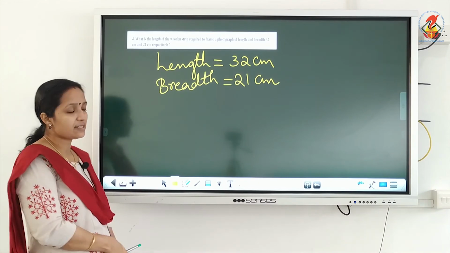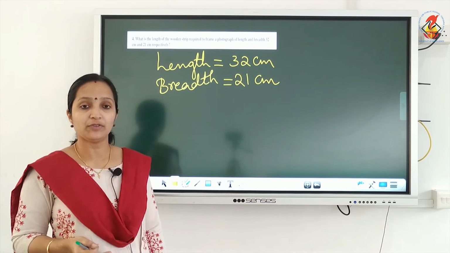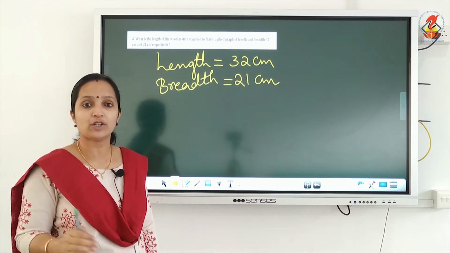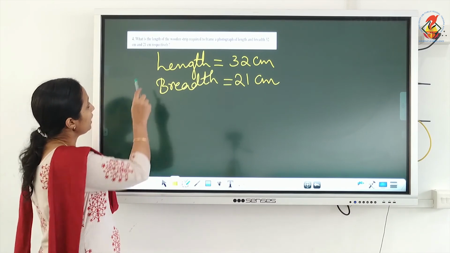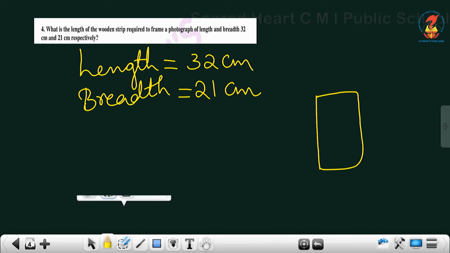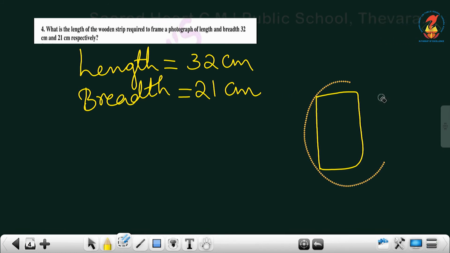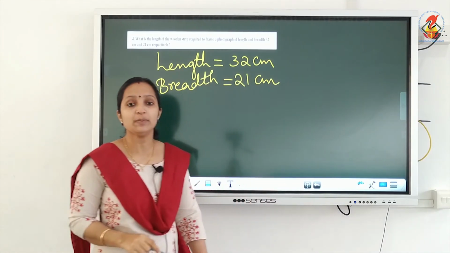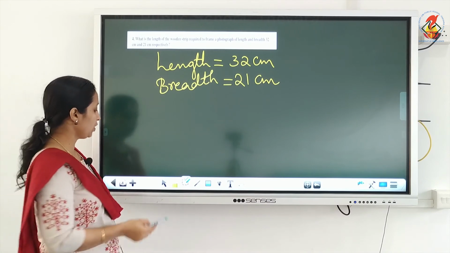That means, children, the required length of the wooden strip will be equal to the perimeter of the photograph. Suppose it's a photograph, we want to put the frame. So we can say the perimeter of the photograph will be equal to the length of the wooden strip required. So what you can write here?